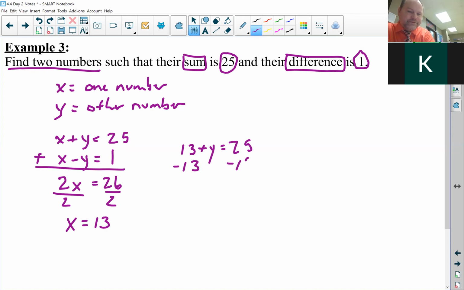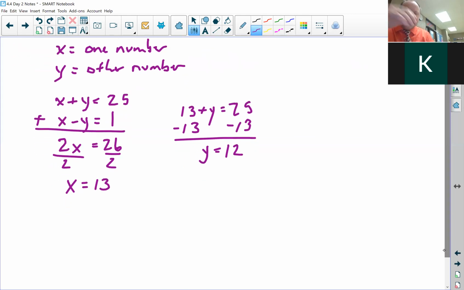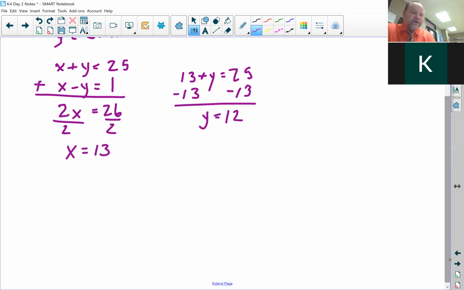Subtract 13 from both sides. And y equals 12. And this one you could check, right? 13 plus 12 is 25. Yes. 13 minus 12 is 1. Yes. The check on that one was pretty easy.